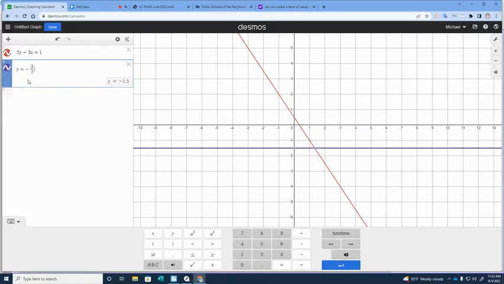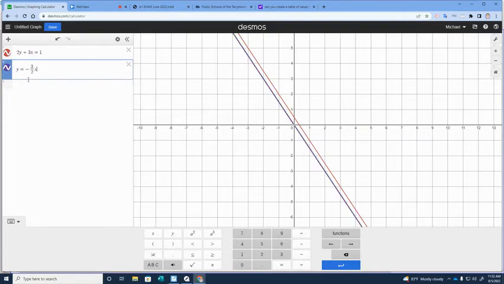So I'm right next to it now, and then I'm going to put my x in. To finish off, I'm going to go plus 1/2. Just a little note, when I use the division key, the slash, it automatically changes it to a fraction for me, which is a really nice part of DESMOS. Plus 1/2, and enter.